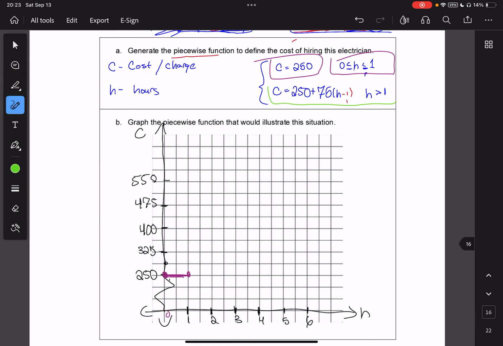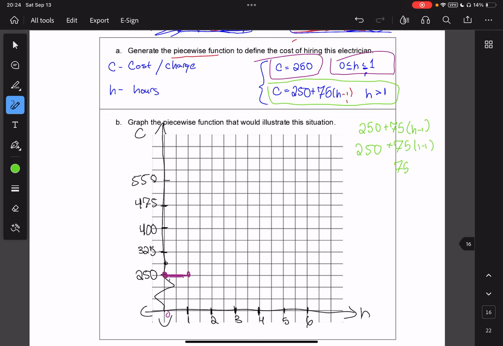So our second equation is when our hours are greater than 1. So it's not including 1, but it has to be greater than. So what that means is, let's try what it looks like at 1. If we do 250 plus 75, and remember we did h minus 1 for our hours, when we put in our 1 minus 1, we get 0.